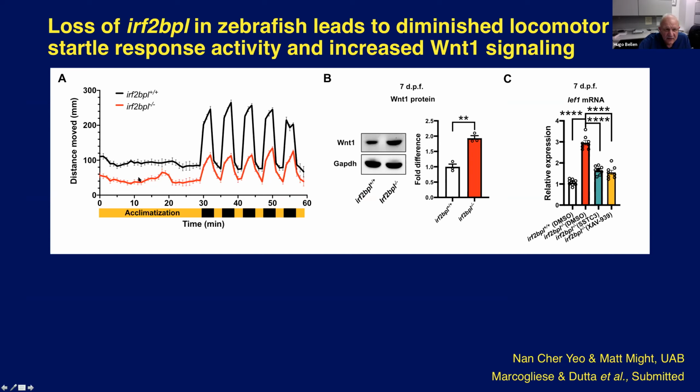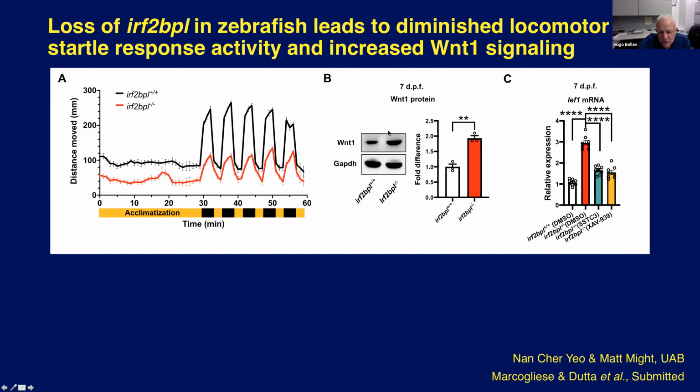They have a diminished locomotor activity, and their startle response is affected. Normally they have a very strong startle response when you put the zebrafish in the dark, and these zebrafish do not have a normal startle response.